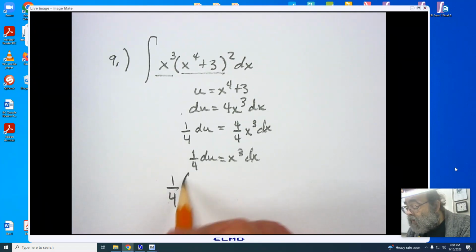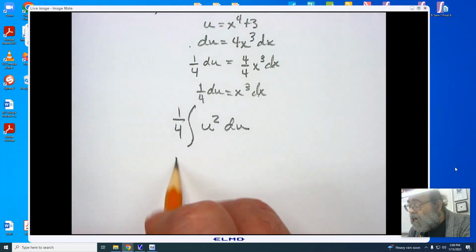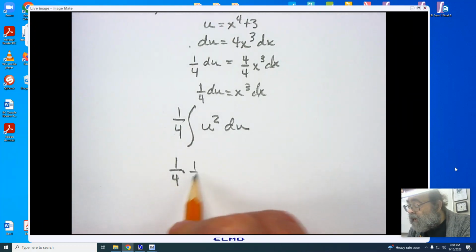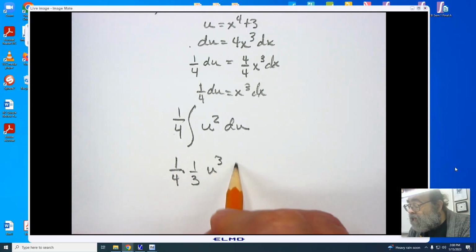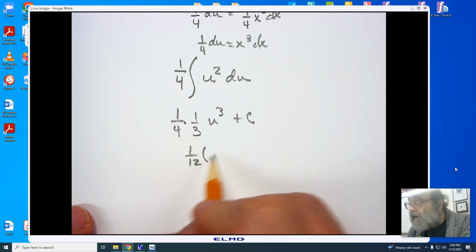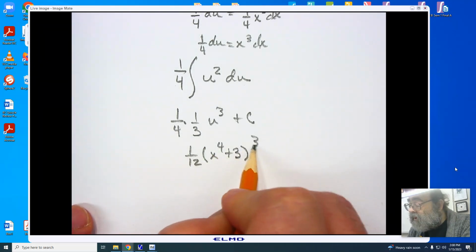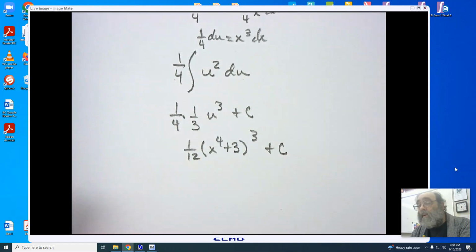I like to now put the 1/4 in front. I then have my u to the 2nd power du, 1/4 times 1/3 u to the 3rd power plus c, 1/12, back substitute x to the 4th plus 3 cubed plus c. And we have our answer.